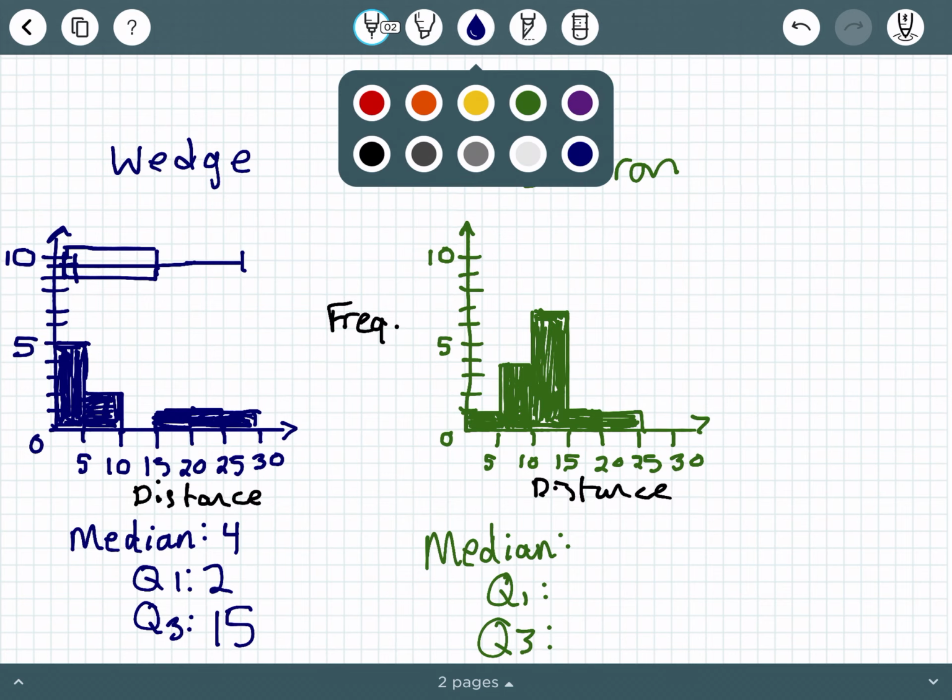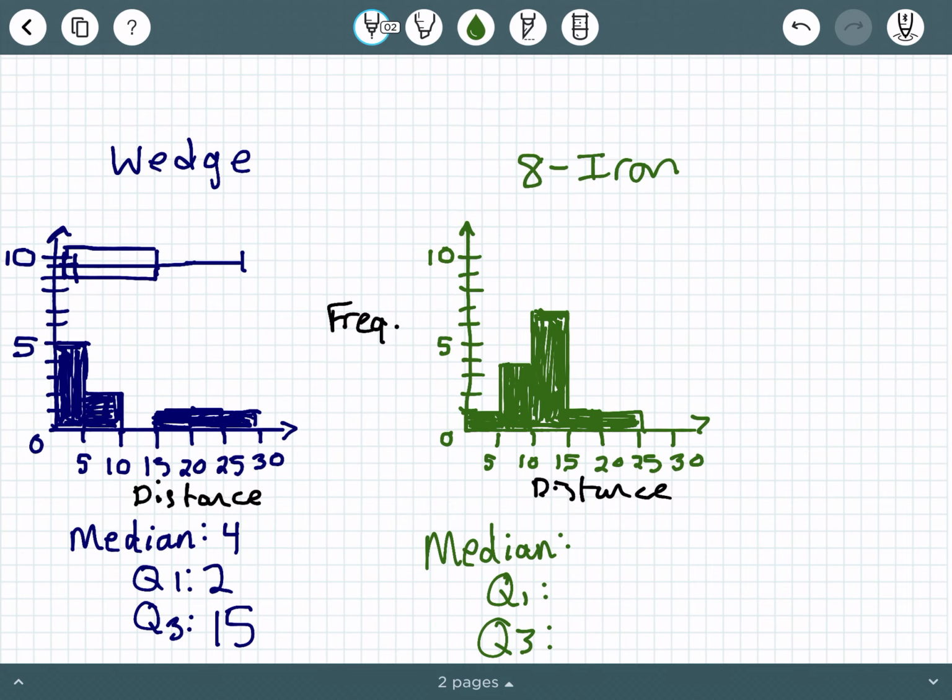And then for the 8 iron, we have a median of 10.5, a first quartile of 8, and a third quartile of 12. So again, our lowest distance on the 8 iron was 3. It's going to be right about here. The highest was 20, so it's going to range from 3 to 20.